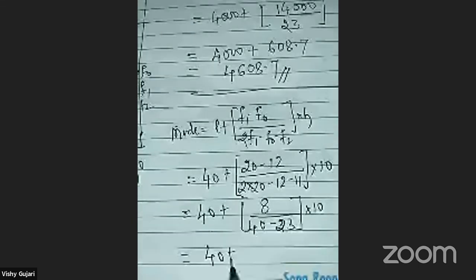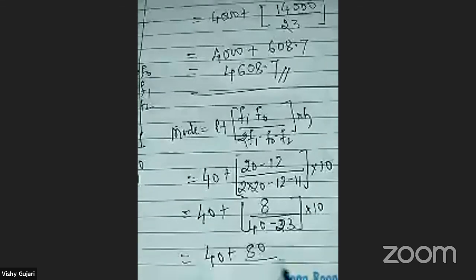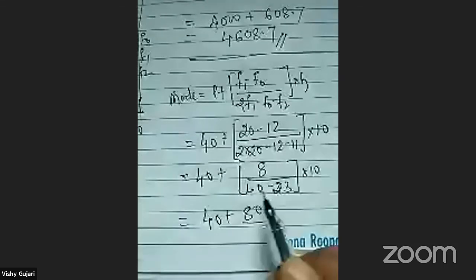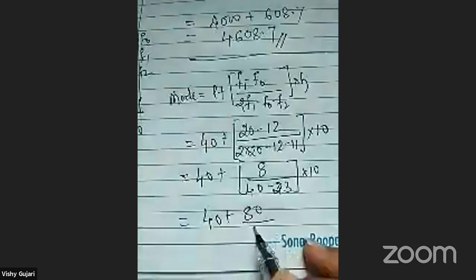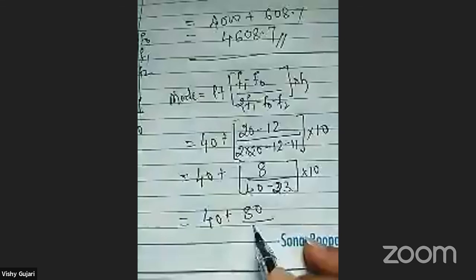That is equal to 40 plus 80 divided by 17.